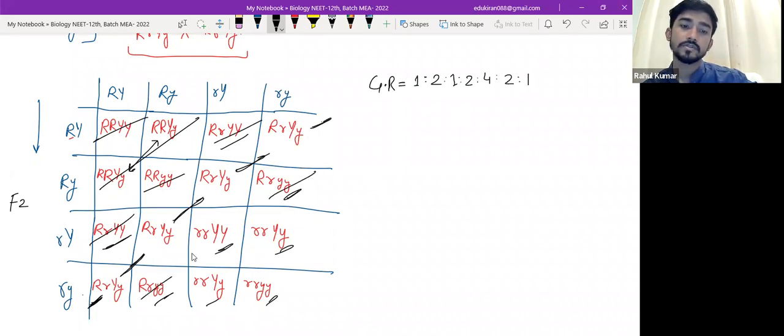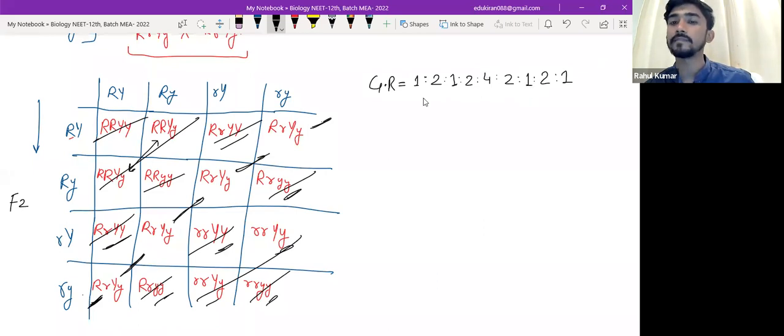These two are done. This one is done. Is to these two and this one. So it is 1 is to 2 is to 1 is to 2 is to 4 is to 2 is to 1 is to 2 is to 1. So it first increases 1 2 1 2, then 4 2 1 2 1.